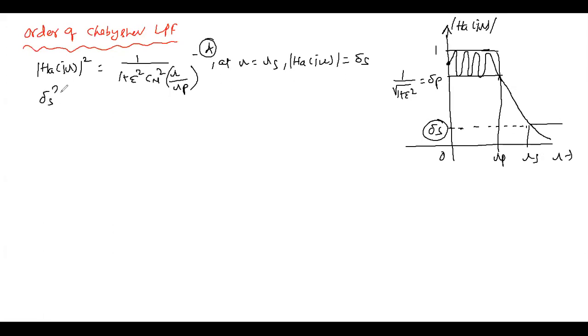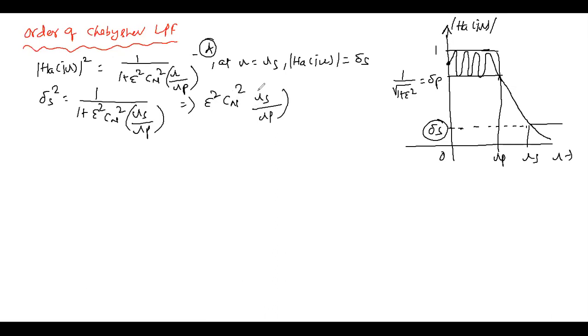That is del s square equals 1 by 1 plus epsilon square C_n square (omega s by omega p). Or I can write it like this: epsilon square C_n square (omega s by omega p) is del s to the power minus 2 minus 1, or C_n square (omega s by omega p) is your del s to the power minus 2 minus 1 divided by epsilon square.